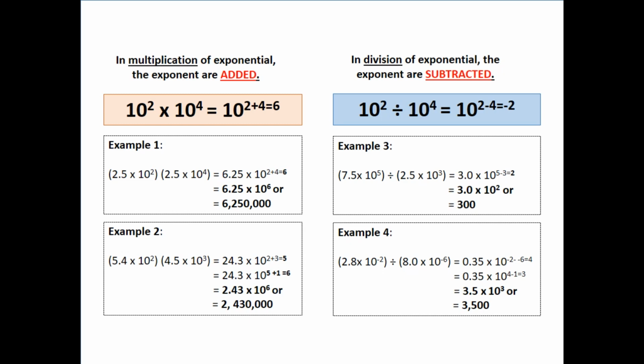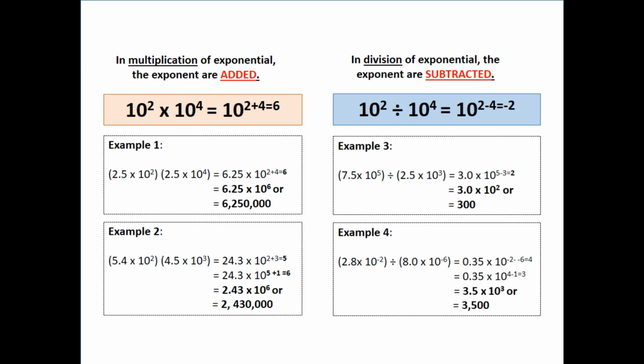We have 0.35. Okay, so copy times 10 and then copy the exponent. So negative 2 minus negative 6. Okay, so we should write the operation, which is minus. So again, copy the exponents, which is negative 2 minus negative 6.